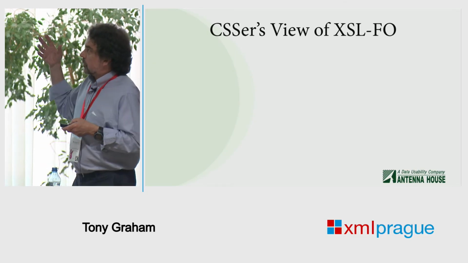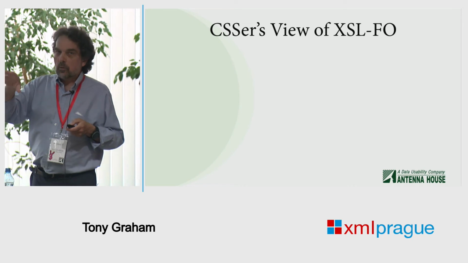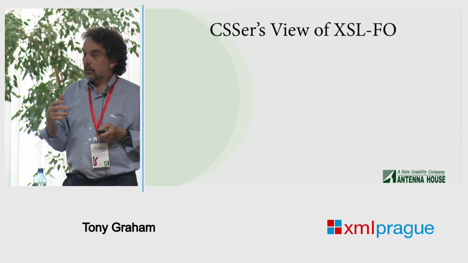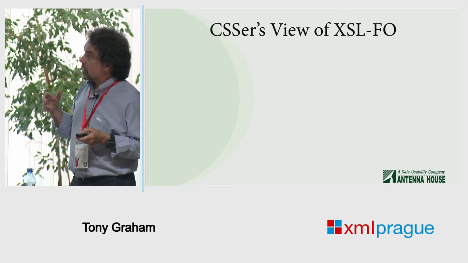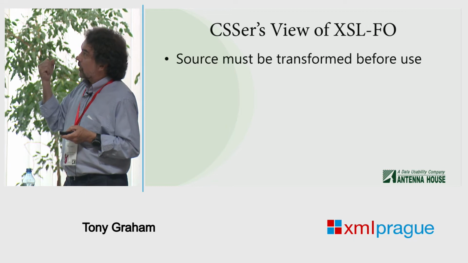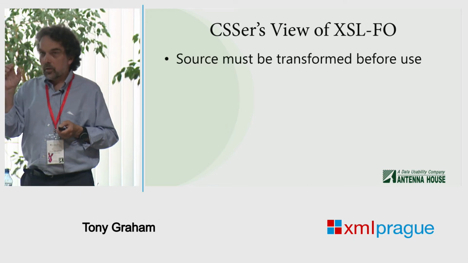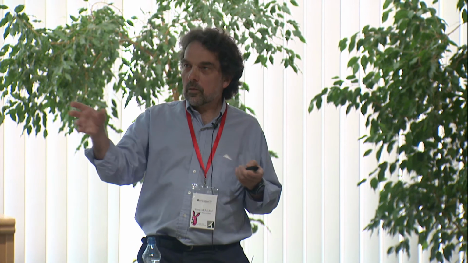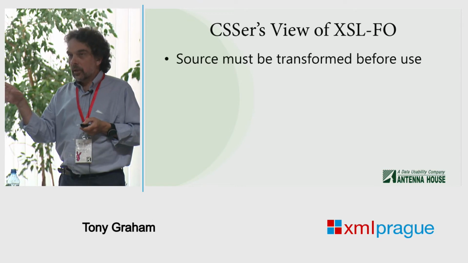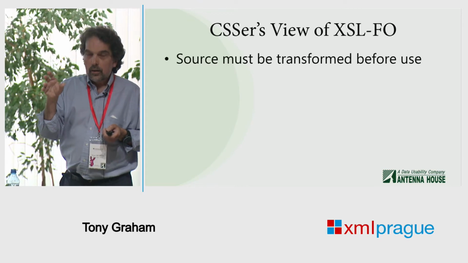So this is an informal summary of how a person using one technology might think about the other technology. It's informal, no scientific research behind it whatsoever. So a gripe for a CSS person might be that you need to transform your markup, which of course most CSS users would think has to be HTML, into something else before you can use it.